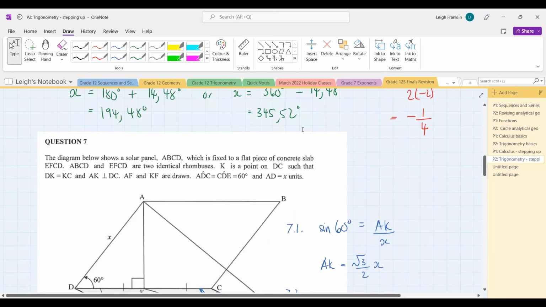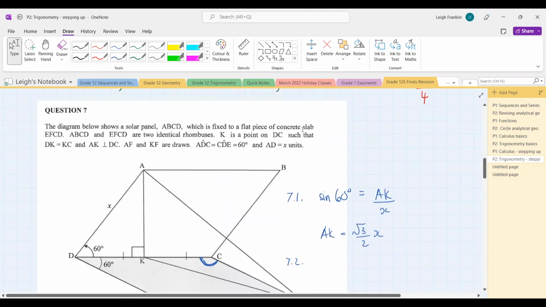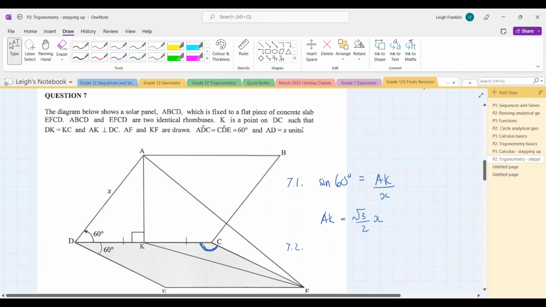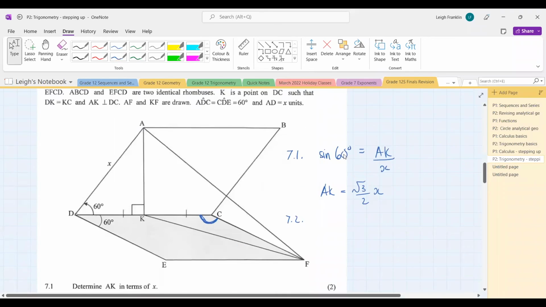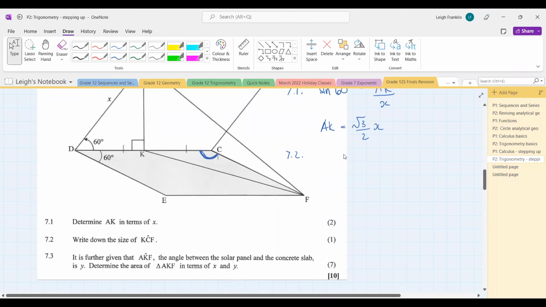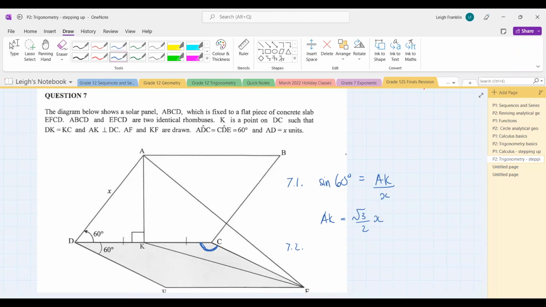They told us that ABCD and EFCD are identical rhombuses. So how big does that make angle C? Not 60, unfortunately.